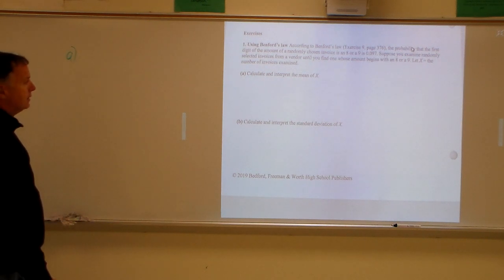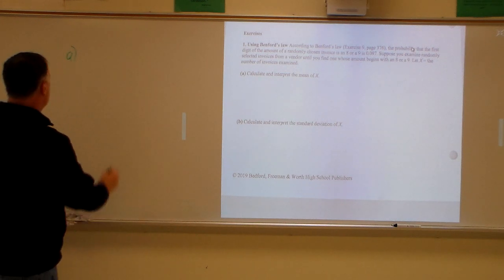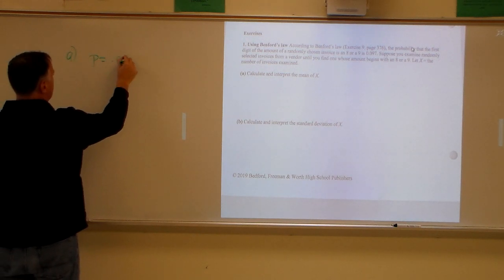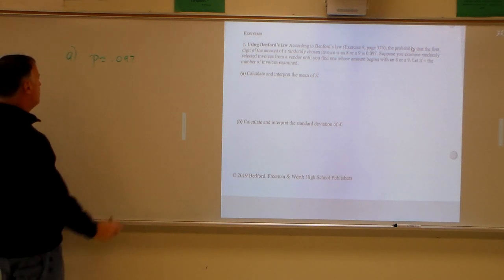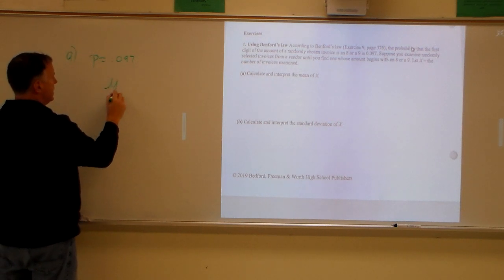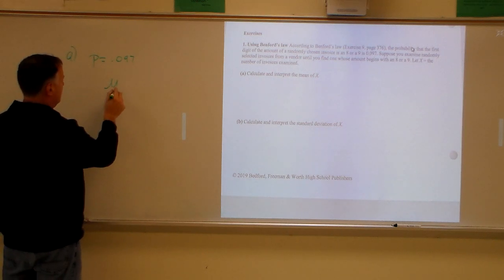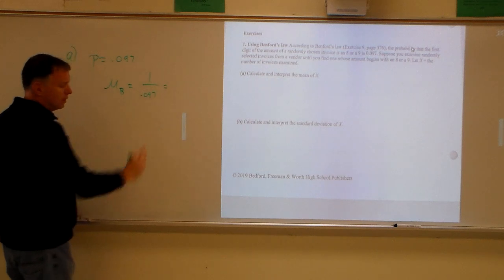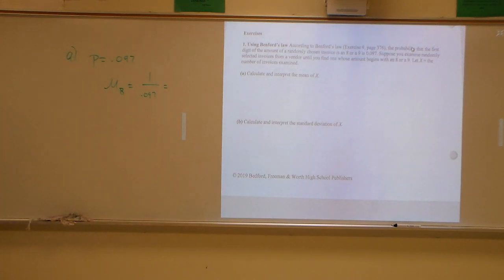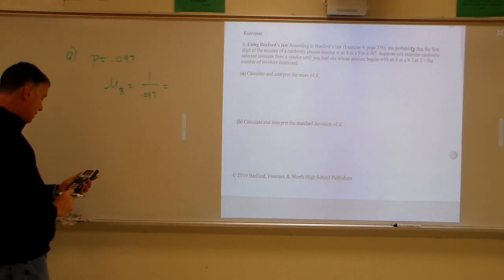Our probability here is 0.097. So the mean of B is equal to 1 divided by 0.097, which gives me 10.31.